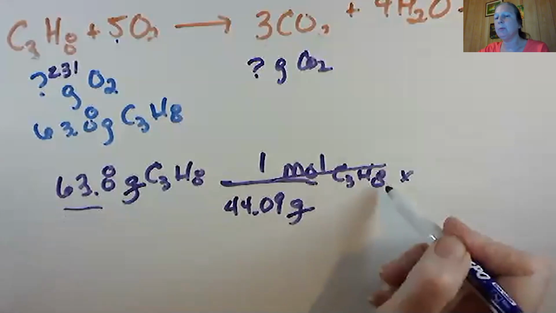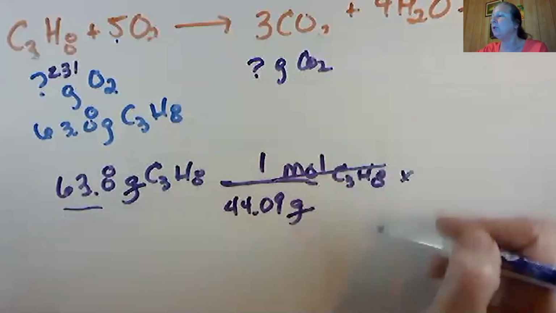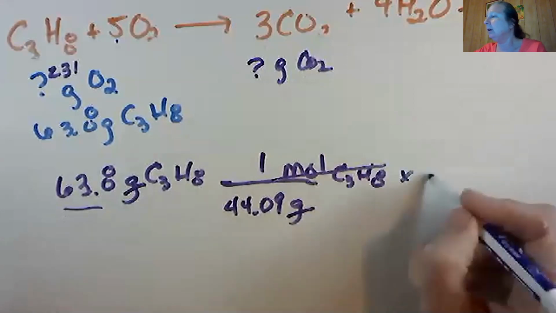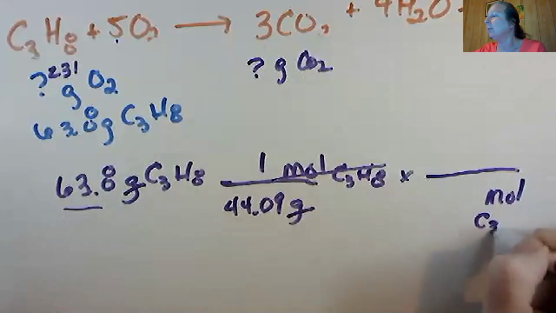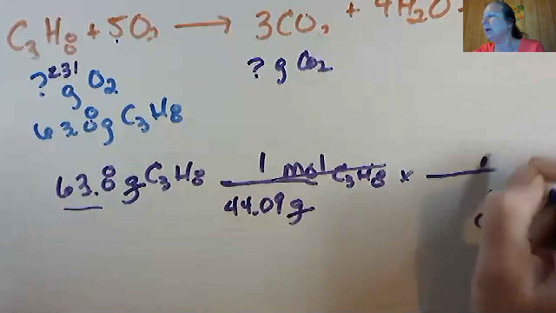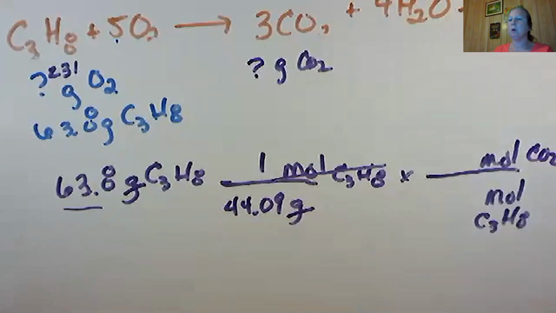So I have moles of propane, but now the question is carbon dioxide. Well, first you have to get to the identity. And so you're going to go from moles of propane to moles of carbon dioxide. Because again, if you are in moles, you can do this. Mole to mole, no problem. You cannot do it with anything else.